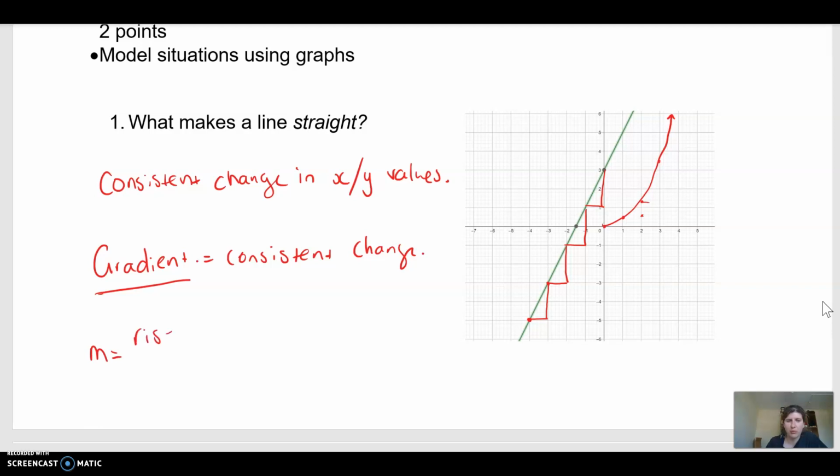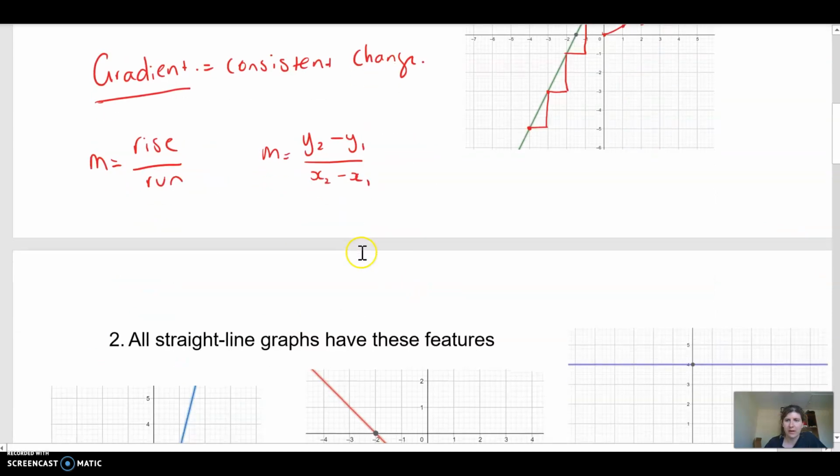The first one is what we call rise over run, and it's kind of like the baby way of doing it. And I don't like that one so much because I think you get stuck with the positives and negatives. The better way of doing it is your y2 minus y1 over x2 minus x1, where y2 and y1 are 2 y coordinates and x2 and x1 are 2 x coordinates. Okay, so we're going to look at that coming down.